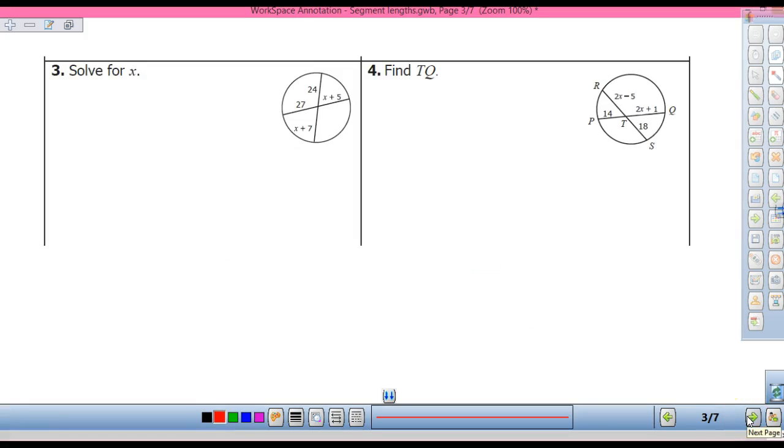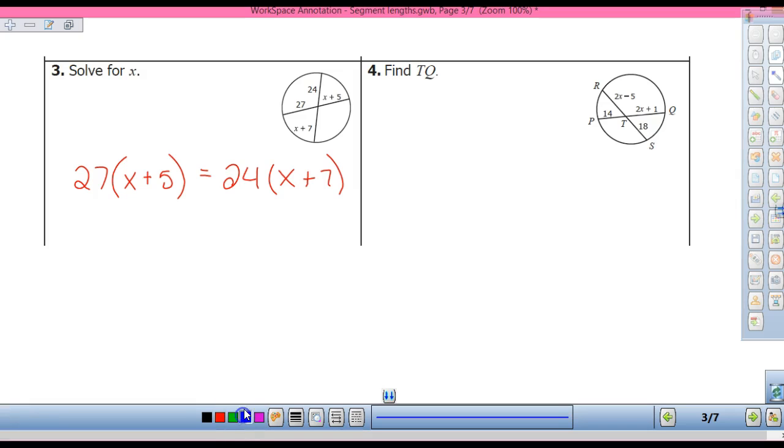Same thing that we just did. Which one do you want to do? 3 or 4? 3? All right. So give me my first equation. 27 times x plus 5 equals 24 times x plus 7.